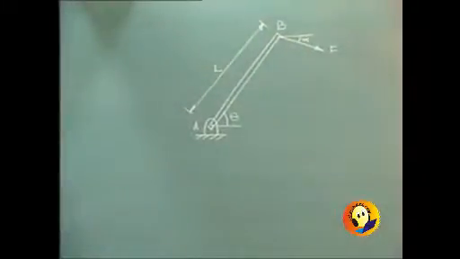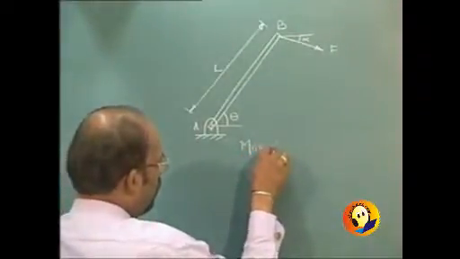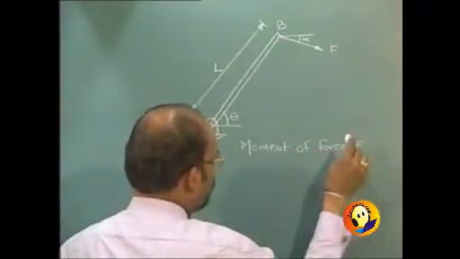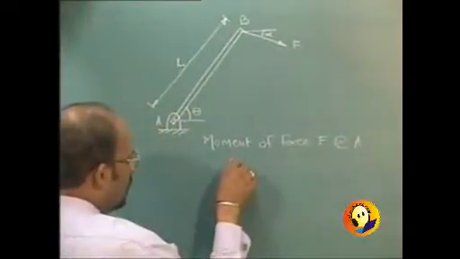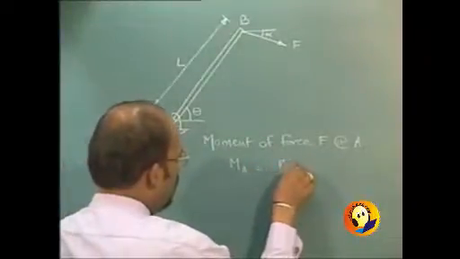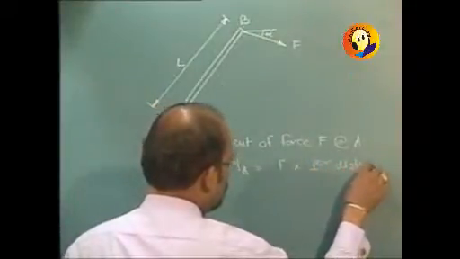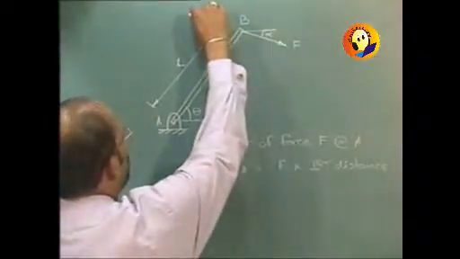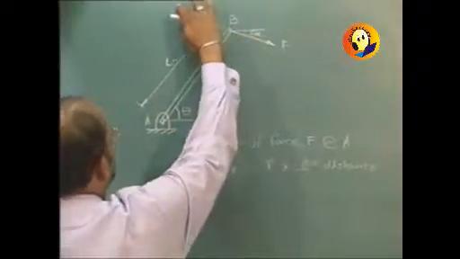Then we had seen that the moment of force F about point A, denoted as MA, will be equal to F into perpendicular distance. So it is going to be F into perpendicular distance, and we are required to drop perpendicular on the line of action of this particular force.